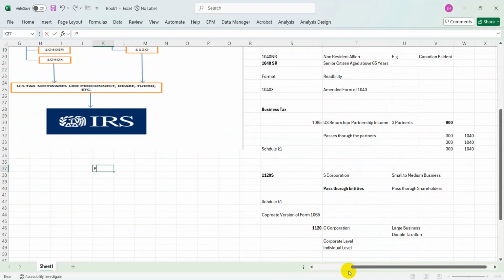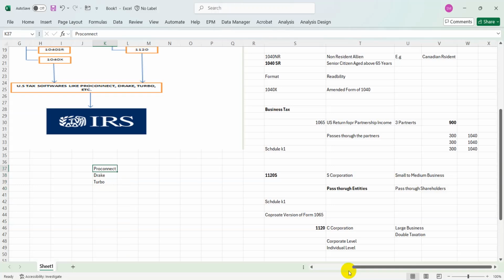These companies are, for example, ProConnect, Drake Software, Turbo, and they will charge you some kind of fees. Now you will file your returns on these softwares, and they are connected with the IRS. Ultimately, your return will be submitted to the IRS. You are not going to directly file your return to the IRS. Remember, I'm talking about the online return submission.